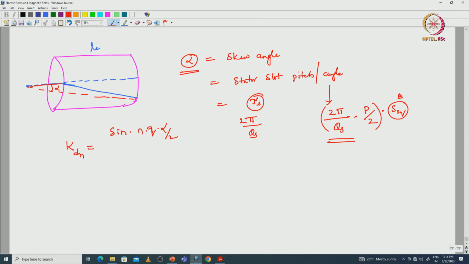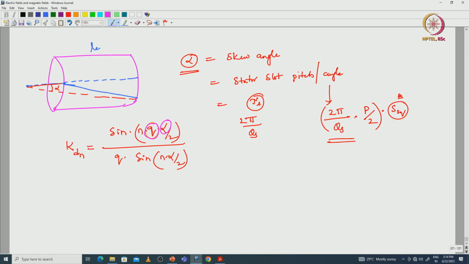Instead of slot angle I am representing the skew angle, skewing angle, divided by q into sin n into alpha by 2. Here alpha is nothing but skew angle. Now we have to substitute the value of slots per pole per phase, that is Q, and alpha values with respect to the rotor bar.